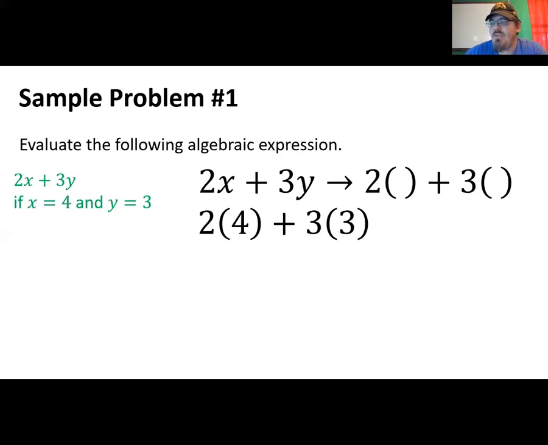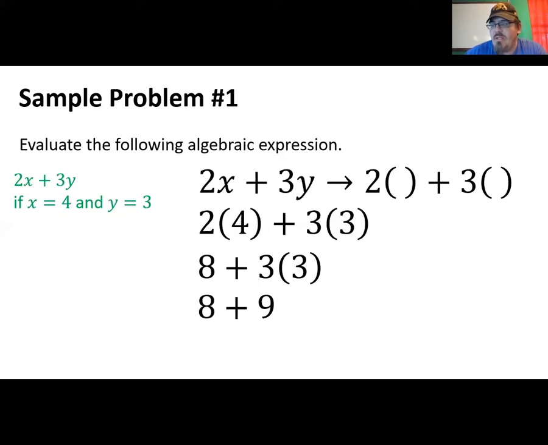The next stage is exponents and roots. There are no powers or roots in this problem, so we can skip that step. That brings us to multiplication and division. We have two places where we're multiplying, so we do that from left to right. So 2 times 4 is equal to 8. And then we have 3 times 3, which is equal to 9. Finally, addition and subtraction is the final step in order of operations.